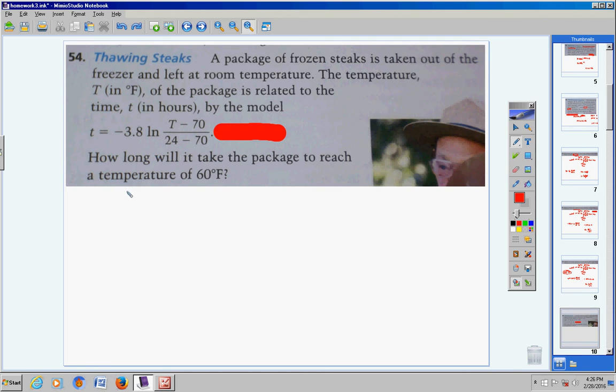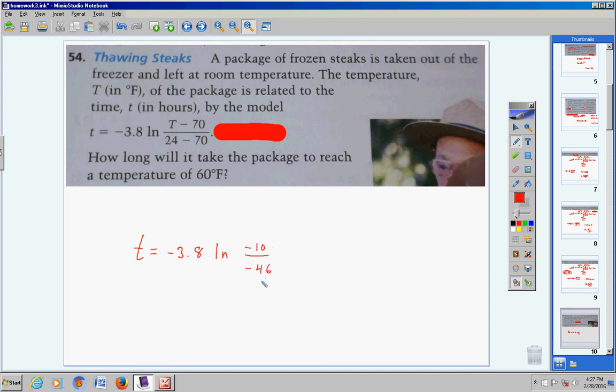The question is how long will it take the package to reach a temperature of 60? So they're giving you the temperature, you're looking for time. So time equals negative 3.8 natural logarithm of, put 60 in for T, 60 minus 70 over 24 minus 70. Alright, well guys, that's negative 10 over negative 46.